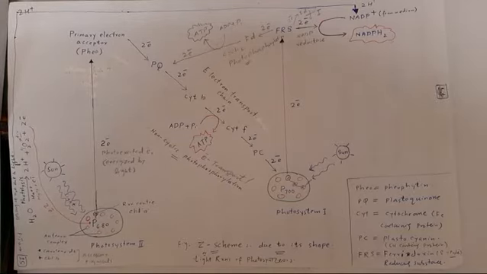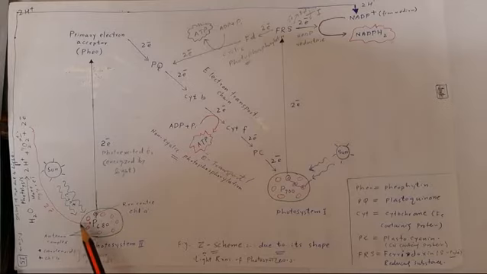Now each photosystem has two parts. If you look into this diagram, one is called antenna complex and the other is known as reaction center. The antenna complex has many molecules of chlorophyll B and carotenoids.